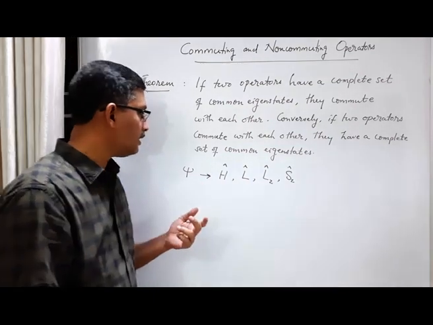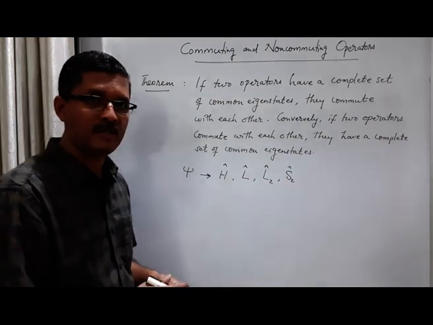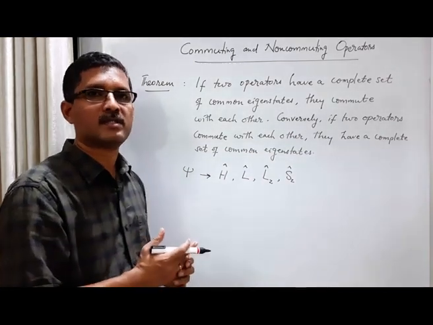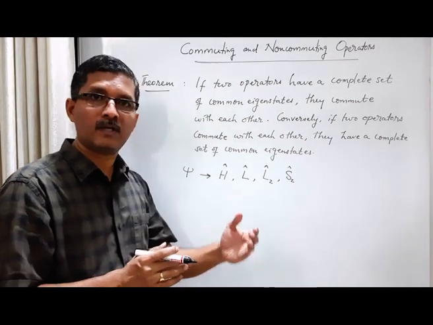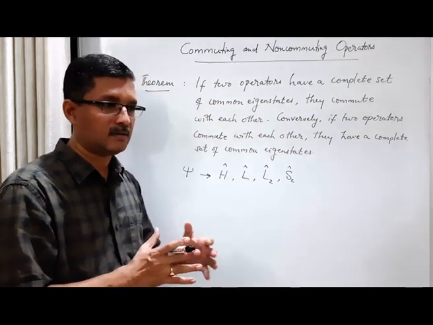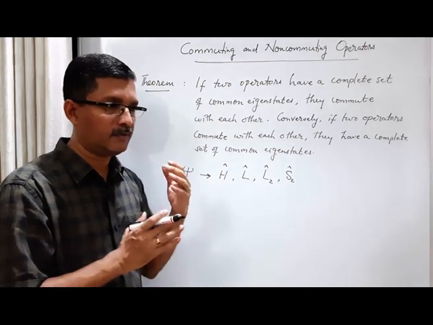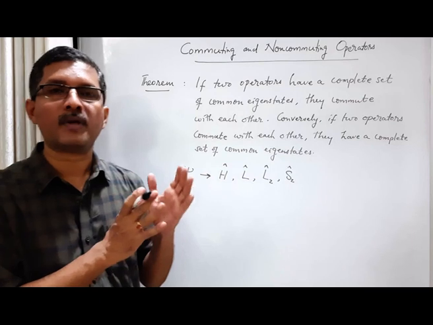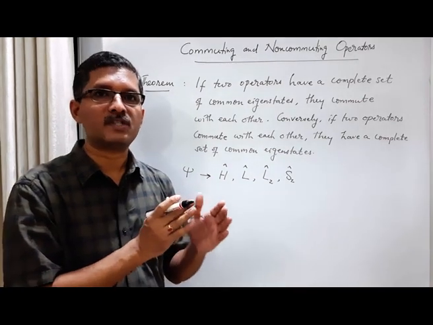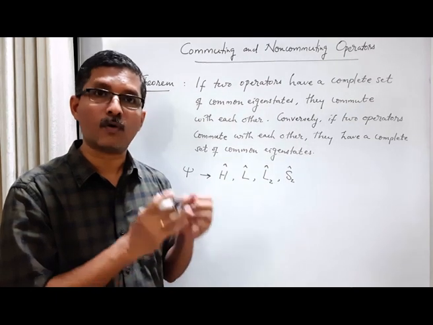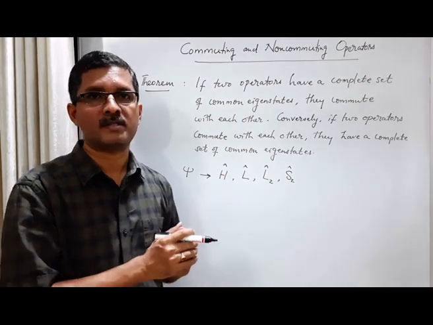Another point is that in any state of a system, not necessarily this particular example, there is an upper limit to the commuting operators. For any state of the system, there is an upper limit to the operators which commute with each other, or an upper limit to the operators for which the state is a common eigenstate.